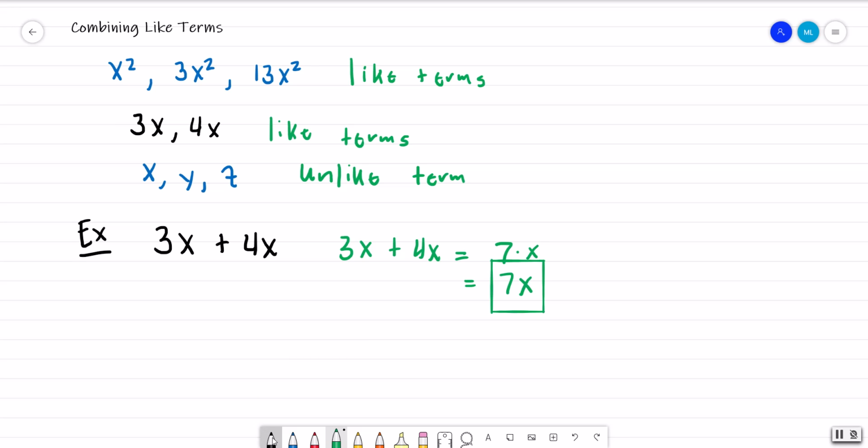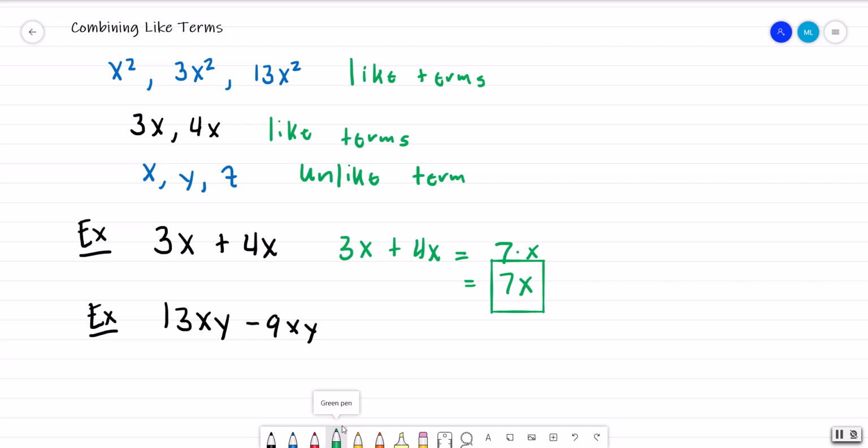Now, similarly, what if we had an example where you have something like 13xy minus 9xy.